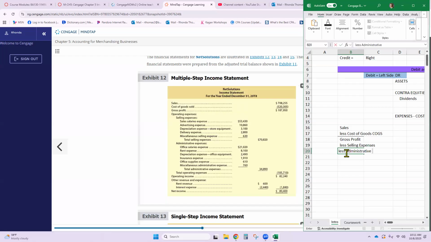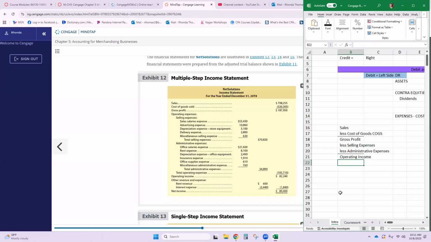Okay, administrative expenses. Okay, and then you're going to get an operating income. Okay, an operating income. If you ended up having more expenses than you had sales and gross profit, then you would have an operating loss, but this is what we're trying to get to, an operating income.